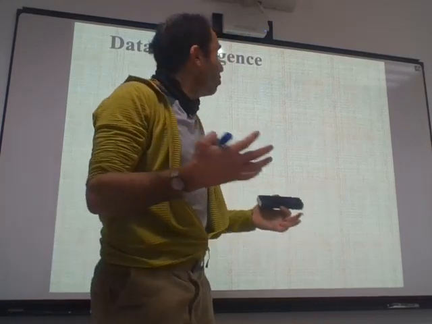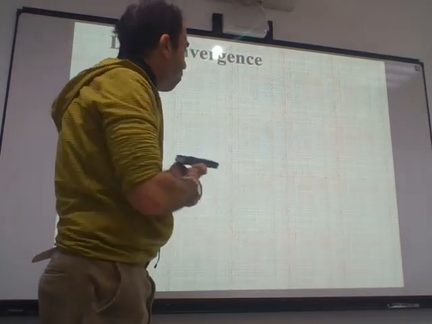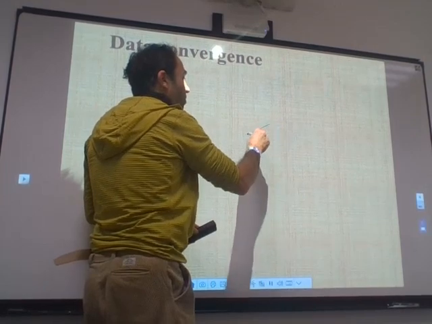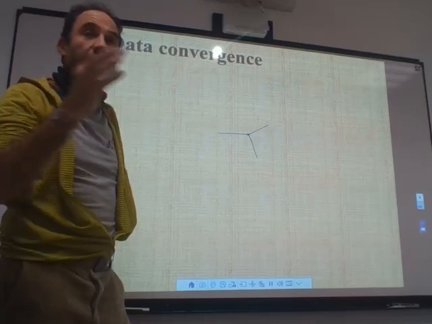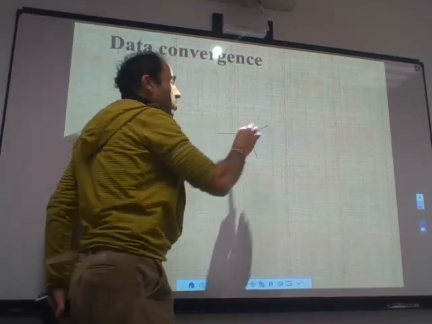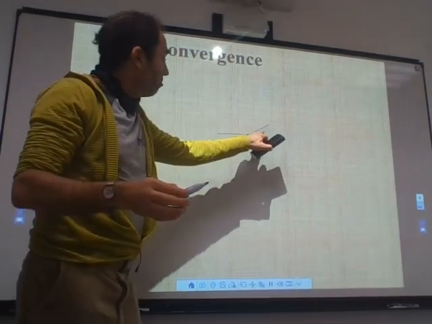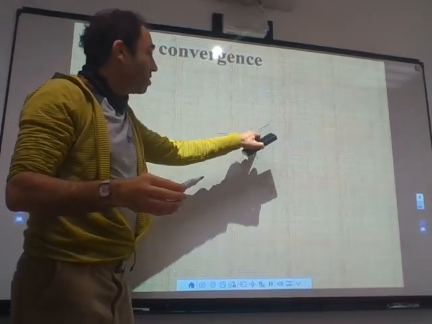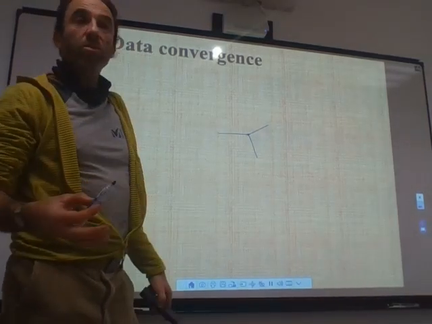For this, you need to introduce a notion of convergence. That is, when you add your data, for example, you look at one node, let's say an astrocyte, and you look at the connectivity, that is, the number of astrocytes that are going to be connected to this one.